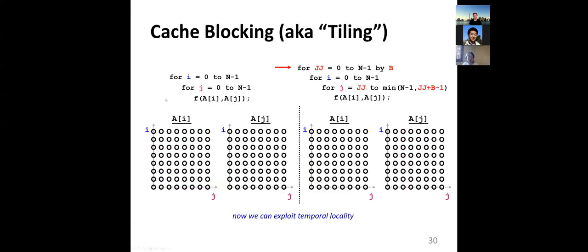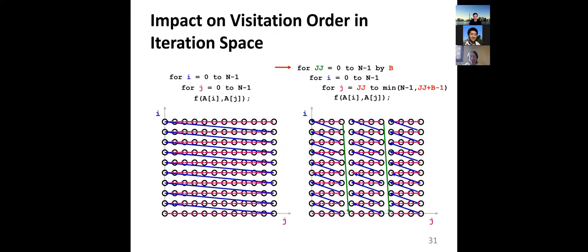This is tiling. Tiling suggests that instead of going linearly through the dimensions, we go through rectangles first. Here our iteration space is like this, right? Loop interchange can help us a little bit, as I showed, we can get every second miss.